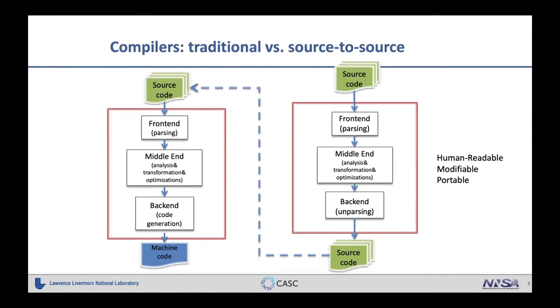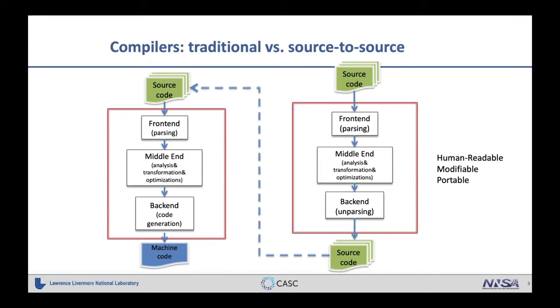The first one is very obvious: because the output is source code, it's very human readable. And you can do a lot of manual investigation and further modification to make the output even better. And also the third benefit is portability.